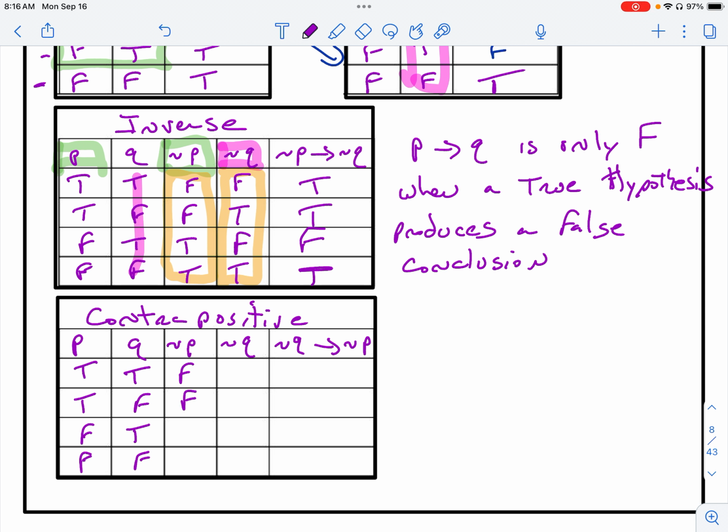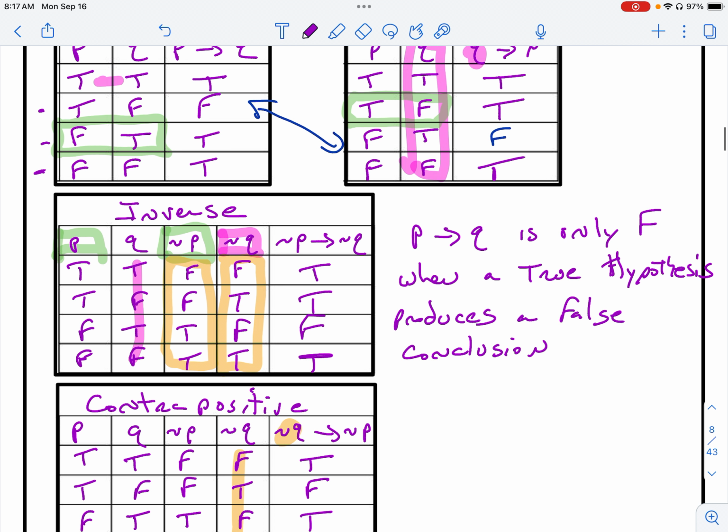The not P's, we're going to reverse our P's. The not Q's, we're going to reverse our Q's. And then we're going to start here. So false to false is true. True to false is false. False to true is true, and true to true is true.